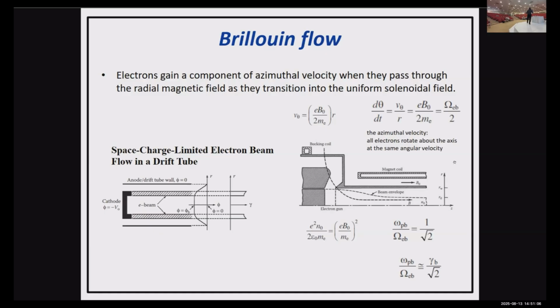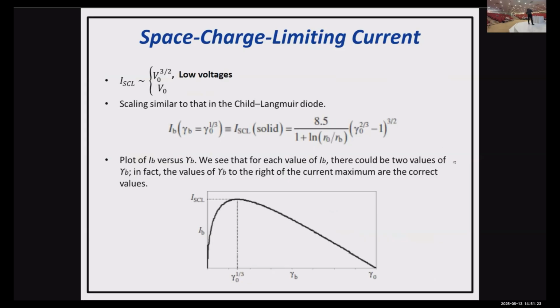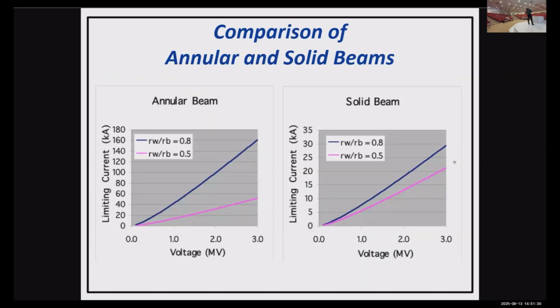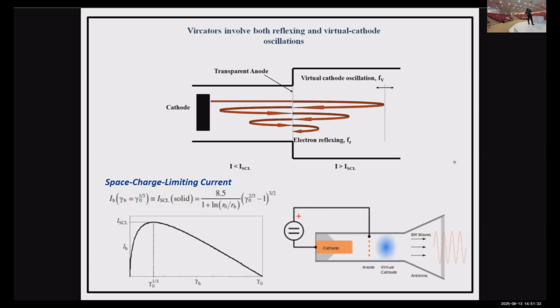Otherwise it's going to complicate your analysis. Now, if you inject the current here, and the current is high enough that it reaches the space charge limiting current or exceeds it, you're going to have this behavior here. If your beam current is greater than this threshold, you're actually creating a virtual cathode. And this is basically the plasma frequency oscillations that I was describing.